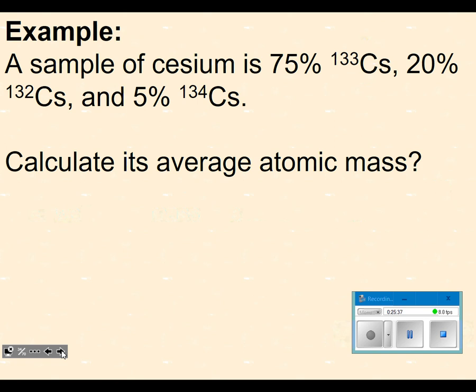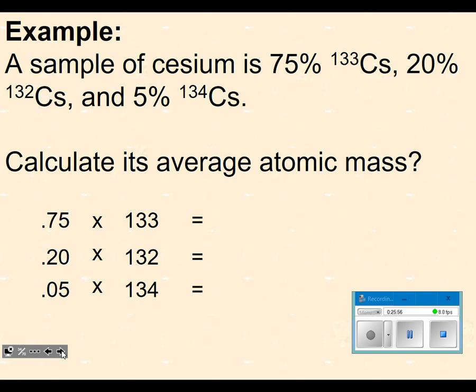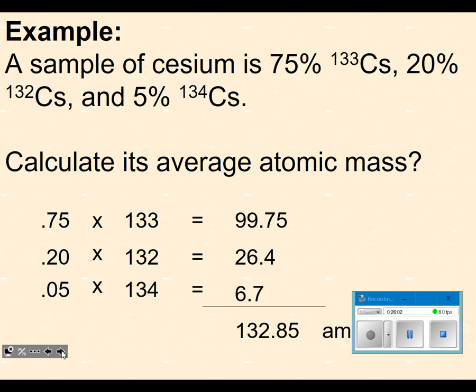If I have a sample of cesium with 75% cesium-133, 20% cesium-132, and 5% cesium-134, to calculate its average I would put all my percentages in decimals, multiply them by the mass values, and add them up. That creates 132.85 AMUs.